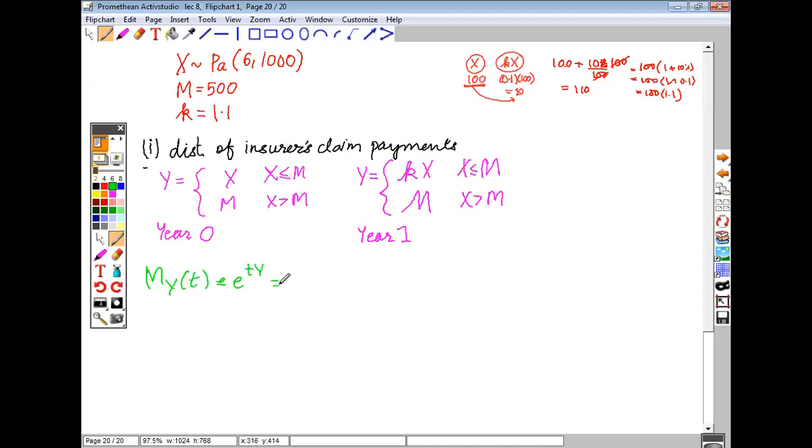And then what should I write? Ma'am, expectation of e raised to tY. Oh, yeah, sorry. So what should I be writing next? Then it will be distributed into expectation of e raised to tX plus expectation of e raised to tM.